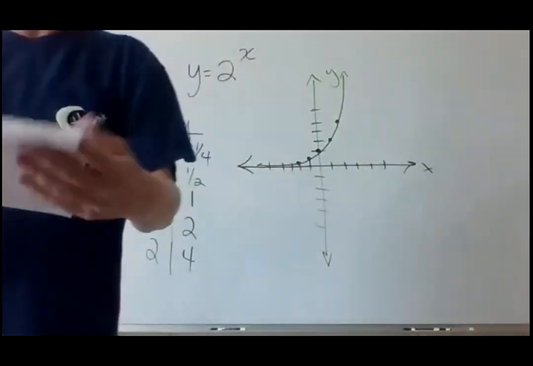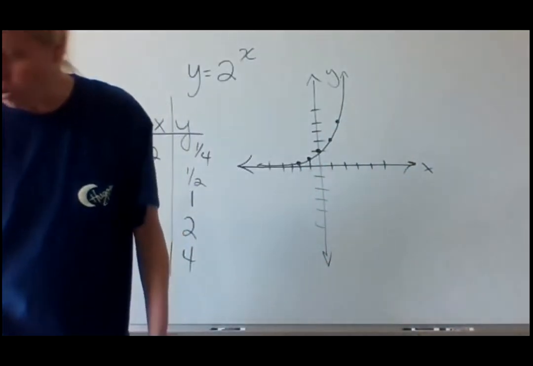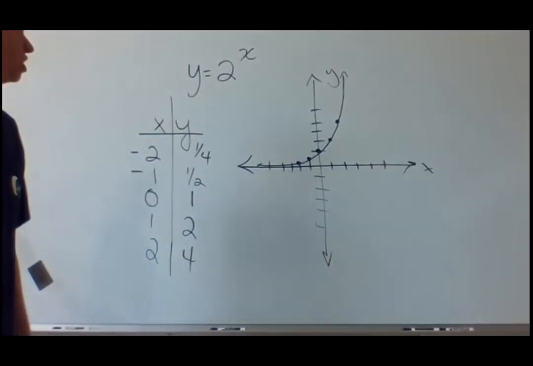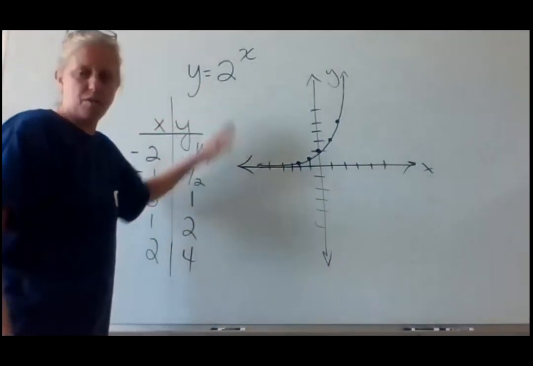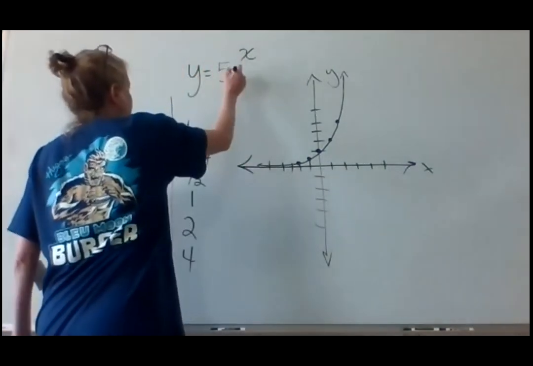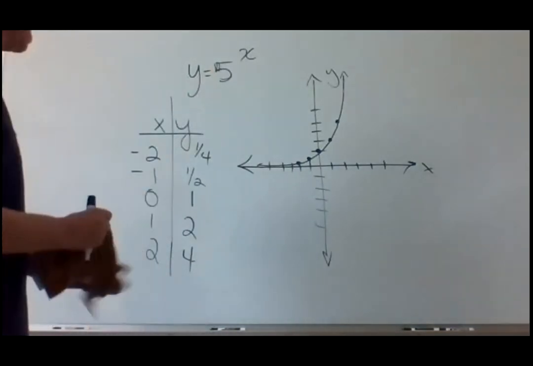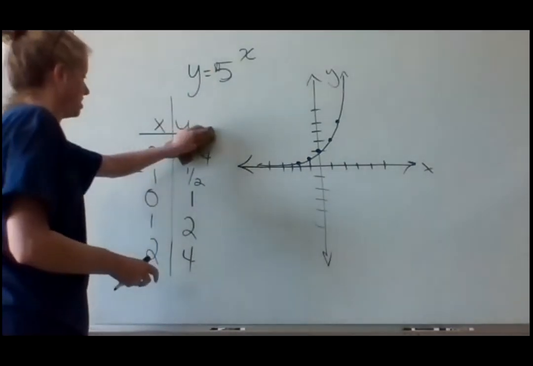Number 4 is the same kind of thing. You just have y equals 5 to the x power. So the only thing that's changing, let's see what happens. If I change that to 5 to the x power and then use the same numbers for x.